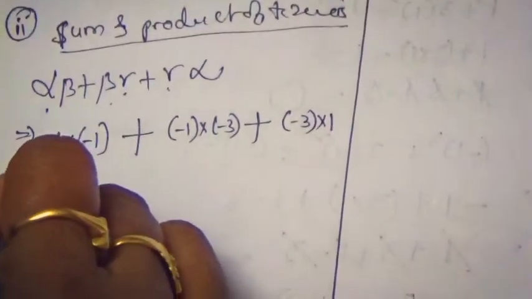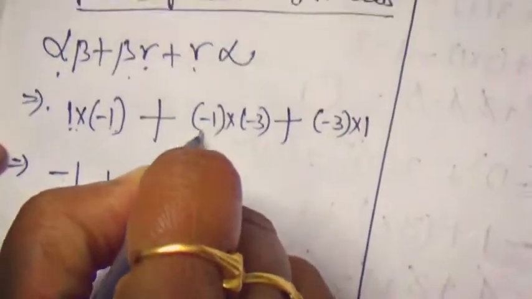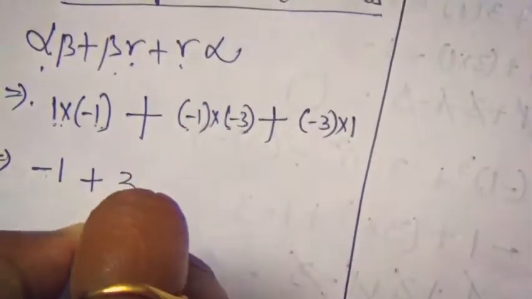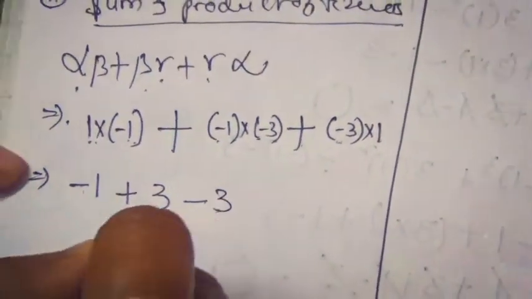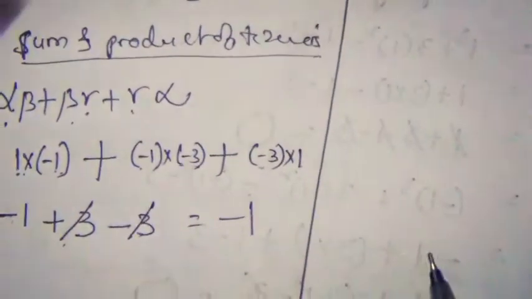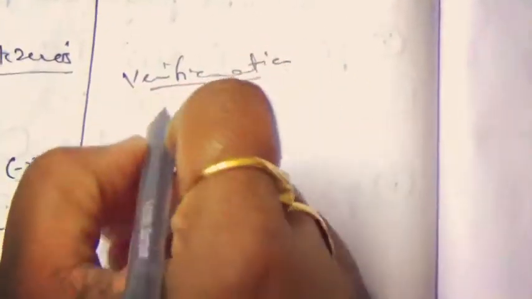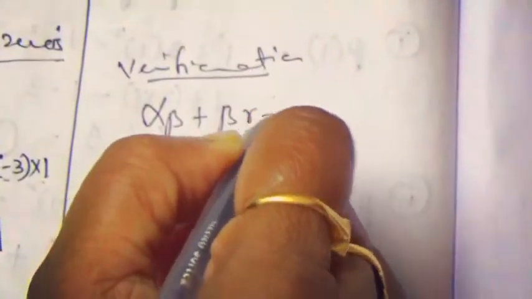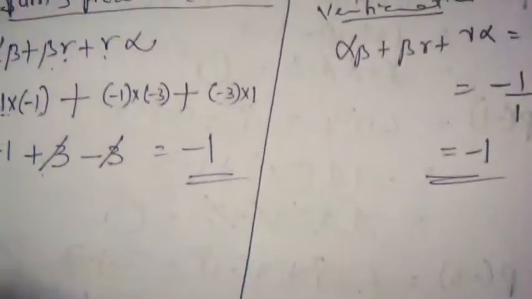That is equal to 1 into 1 minus 1 plus minus of minus plus 1 3 is 3, plus of minus 3 ones 3, plus 3 minus 3 cancel, minus 1. Okay, so verification by the formula, that is alpha beta plus beta gamma plus gamma alpha is equal to c by a. What is the c value? Minus 1. By what is the a value? 1. That is equal to minus 1. Here the two give the same answer.